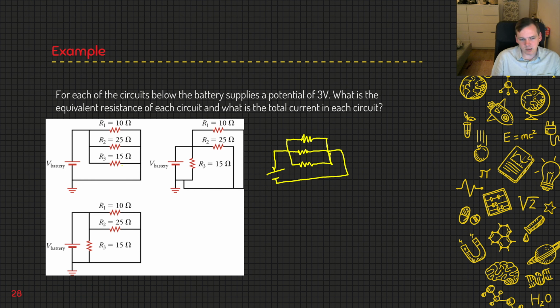In any case, we know that all 3 of these are the same, so we want to find the total current, which means we need the equivalent resistance, because our goal will be to replace it with just a single resistor, because then we can find the current in that circuit. So if we remember, 1 over RT is equal to 1 over R1 plus 1 over R2 plus 1 over R3.